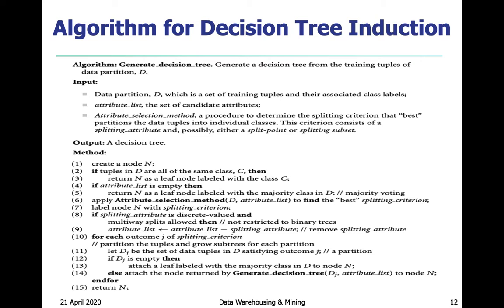Means it will find the best attribute to split, to design the decision tree. This procedure employs an attribute selection measure such as information gain or Gini index, which we will discuss. So these are the methods.